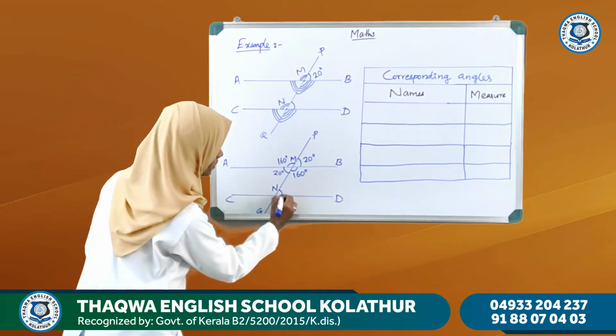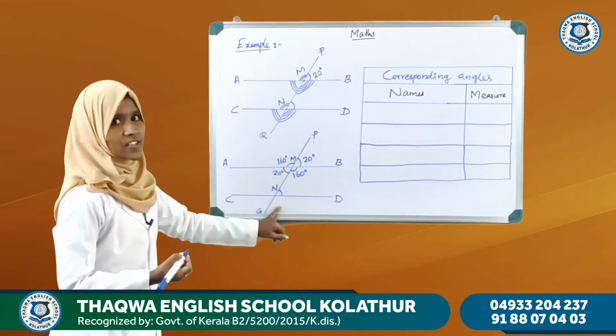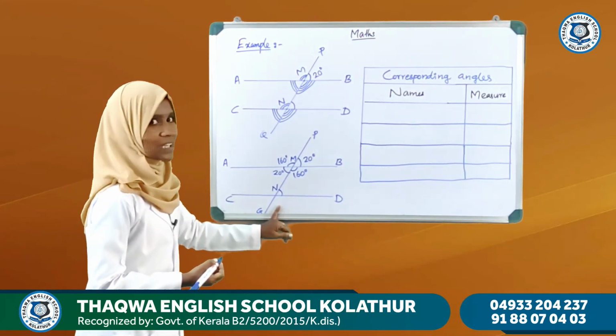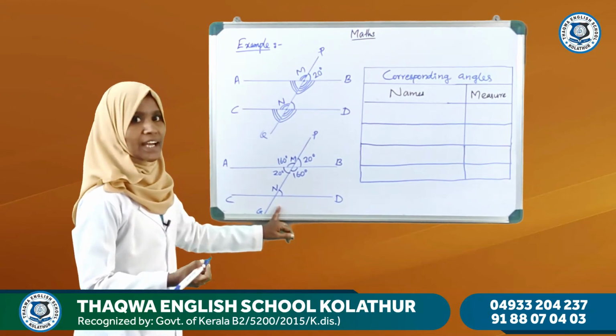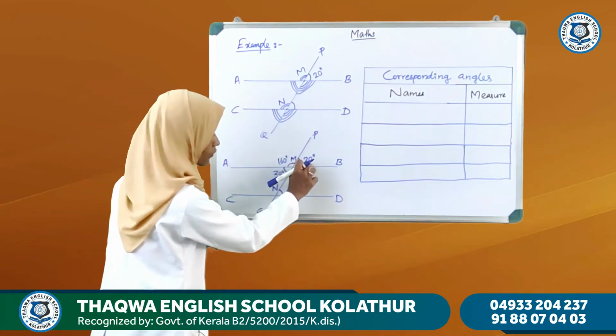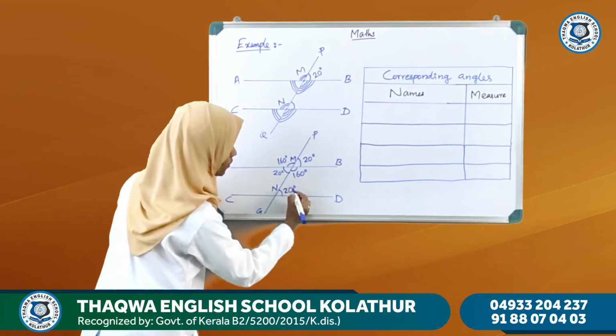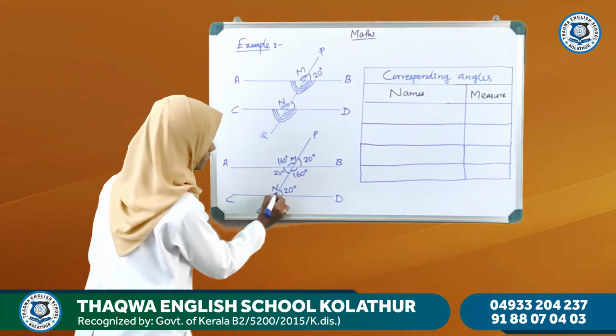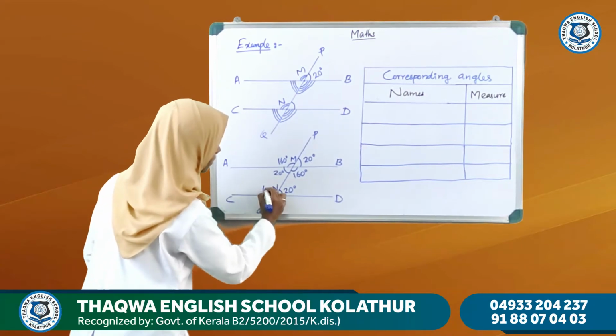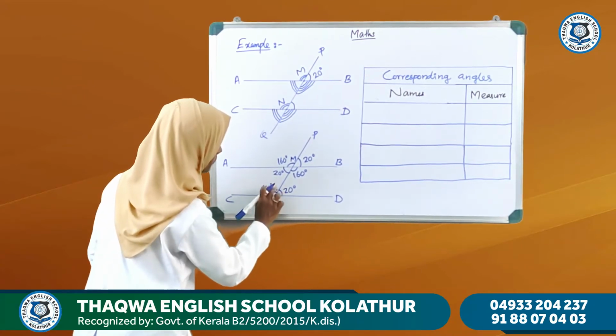Now next, we discussed parallel lines making equal angles with any other line. So you have given the top angle 20 degree. So here is also 20. Then left side angle 160.